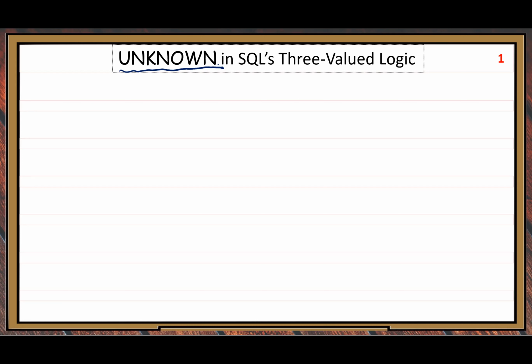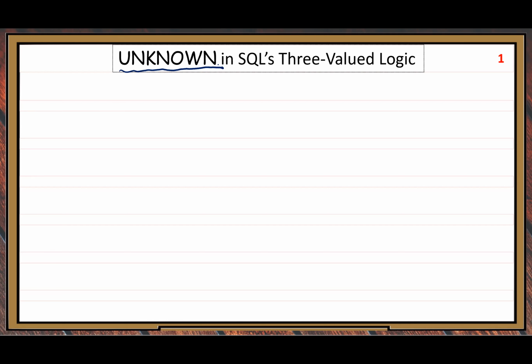That's unknown. True means 100% true, false means 100% false, and unknown is in between. Sometimes true, sometimes false.